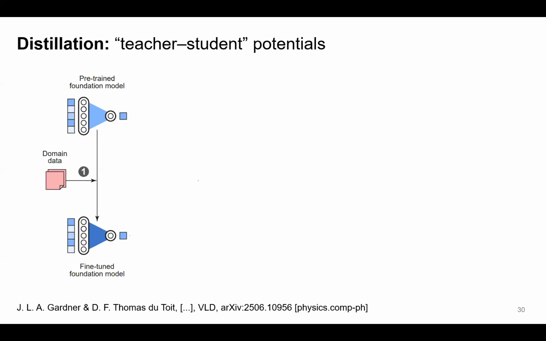You can fit graph-based models on very large data sets containing lots and lots of configurations. Now an increasingly common thing in the community is to take these pre-trained models and fine-tune them, so specialize them on a little bit of domain-specific data. Say you want to study one specific problem, you optimize the model for that specific purpose, and that gives you a fine-tuned model.